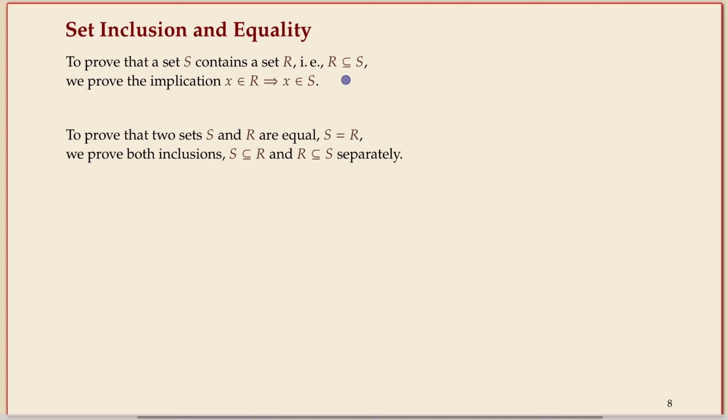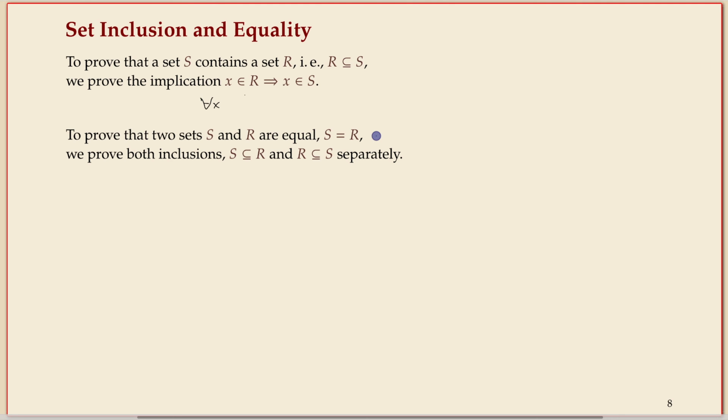That's the subset relation. It means every element in R is also in S. You can rephrase that as an implication. If you want to be picky, we should have a for all x in front of this. We'll talk about these weird quantifiers in a second. So you can rephrase a statement about sets as an implication, and we know how to deal with implications, don't we?